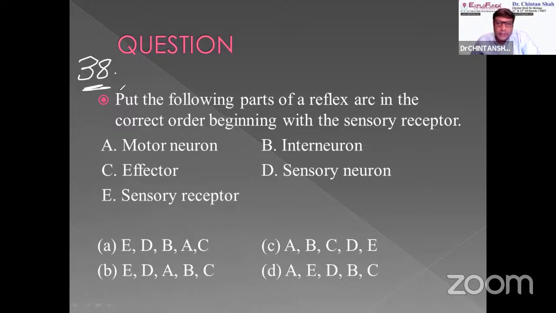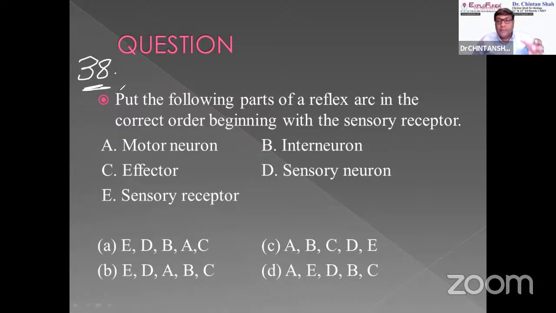Put the following parts of the reflex arc in the correct order, beginning with the sensory receptors. Look at this 38.